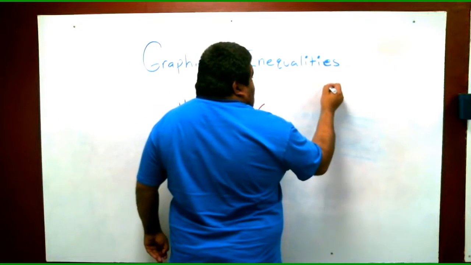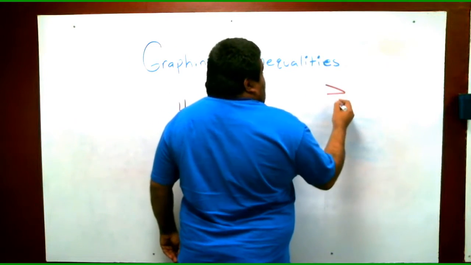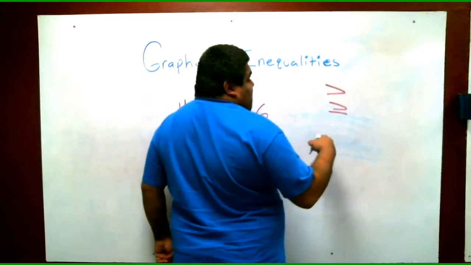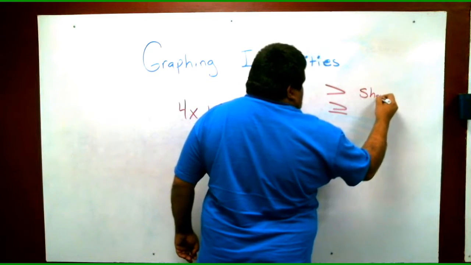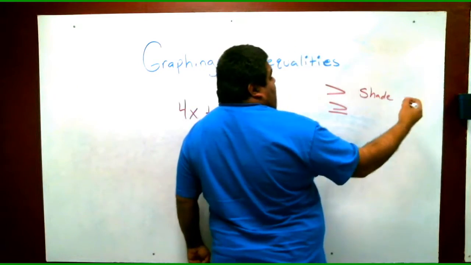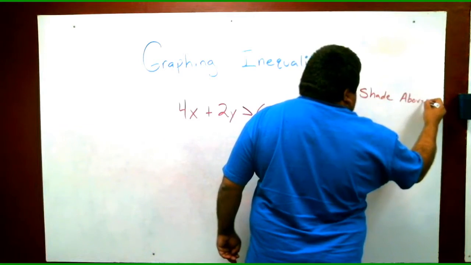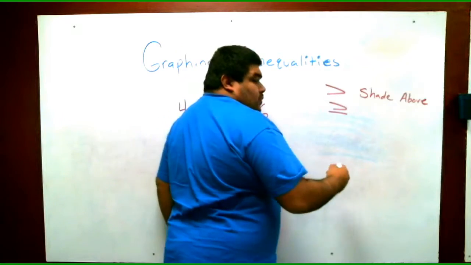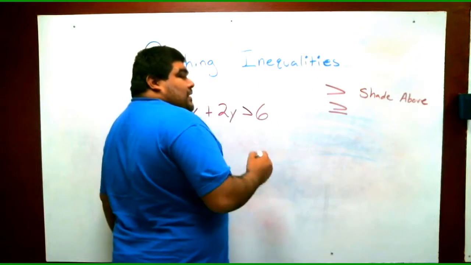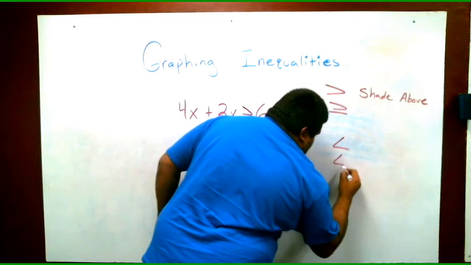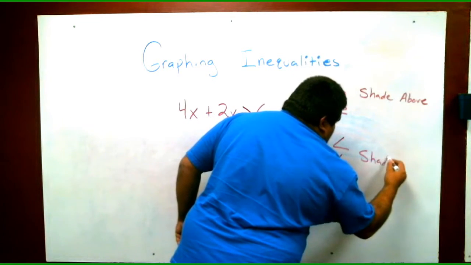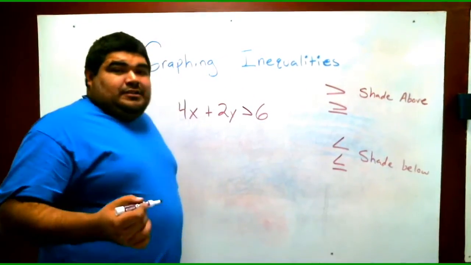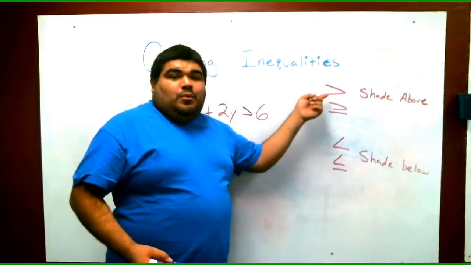Whenever you have a greater than or a greater than or equal to, you shade above, okay? You shade above for both of them. When you have a less than or less than or equal to, you shade below, okay? Notice that one of them has a line, one doesn't.